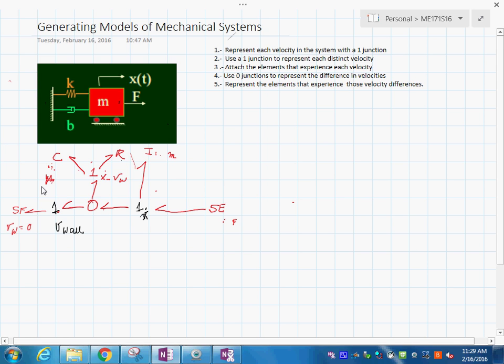So what we need to do is simplify this if we want, because the velocity of the wall is 0.